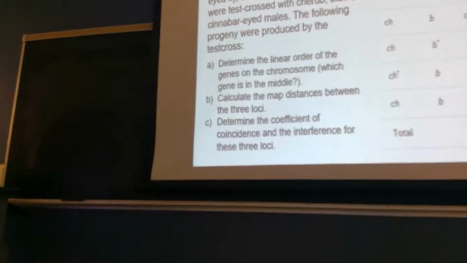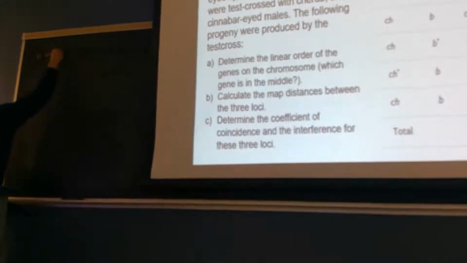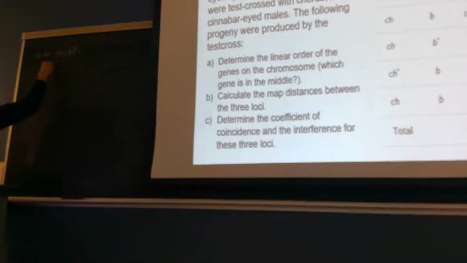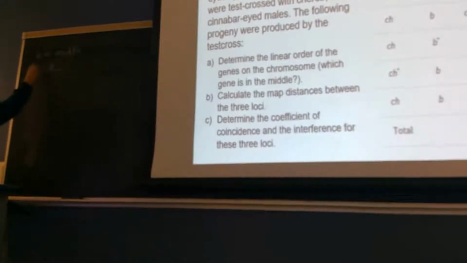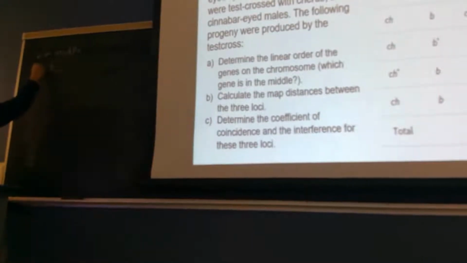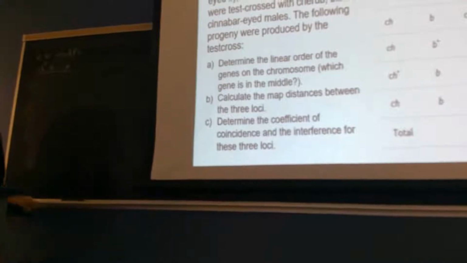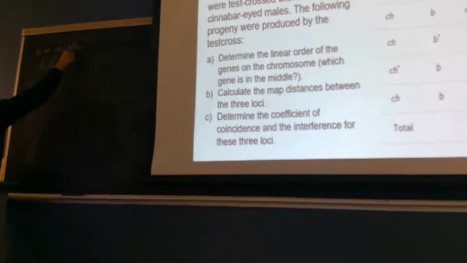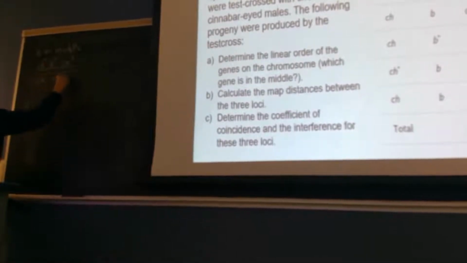So right now B is the middle gene. So take B in the middle. If B is in the middle, CH and CN are on the sides. In case of non-crossover type, these are all plus, and on this side, all recessive. Right?